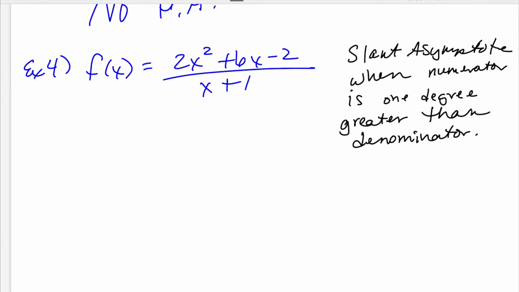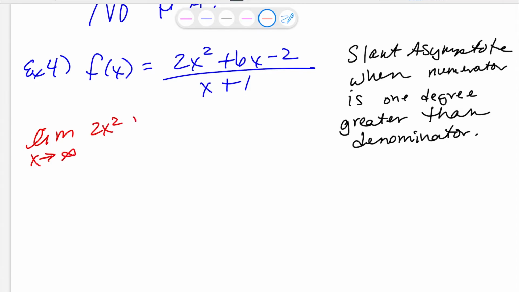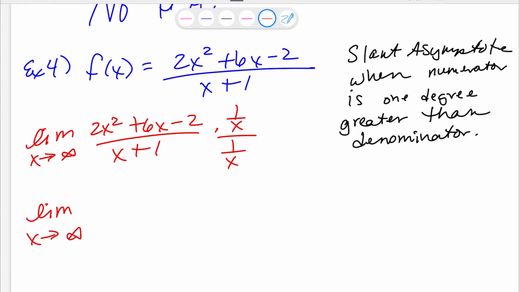So when I look at this, if I take these limits, because this is calculus, we're going to take the limit as x approaches infinity of 2x squared plus 6x minus 2 over x plus 1. I'm taking that highest degree in the denominator, multiplying everything through by 1 over x, and I end up with 2x plus 6 minus 2 over x, over 1 plus 1 over x.